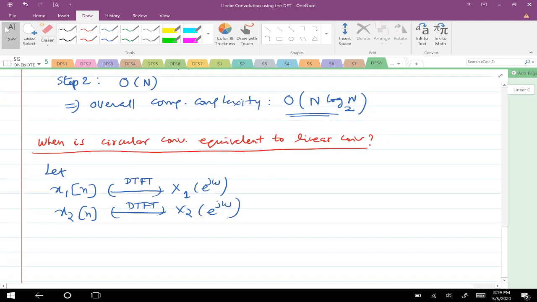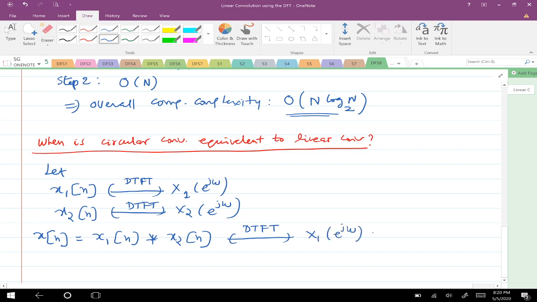Now, if I had a sequence x of n obtained as a result of convolving x1 of n with x2 of n, the DTFT of that would be X1 of e power j omega multiplied in the frequency domain by X2 of e power j omega.